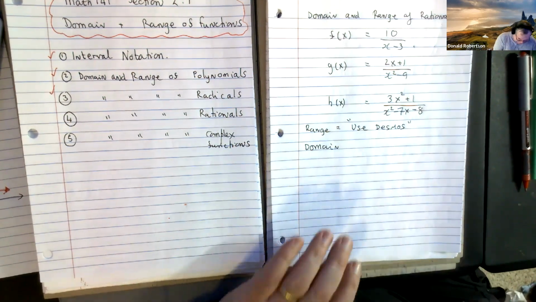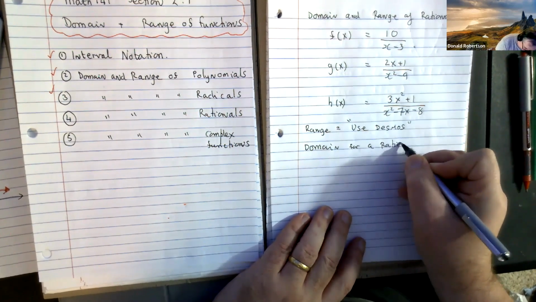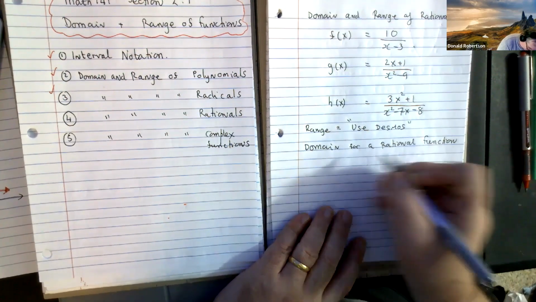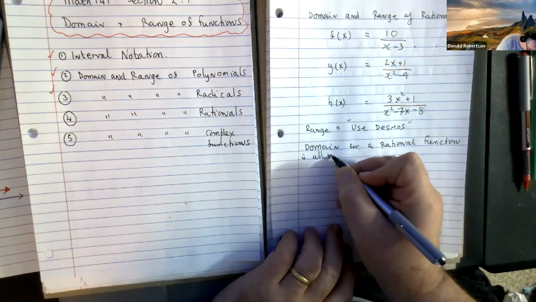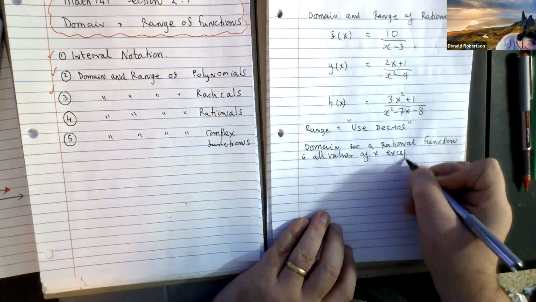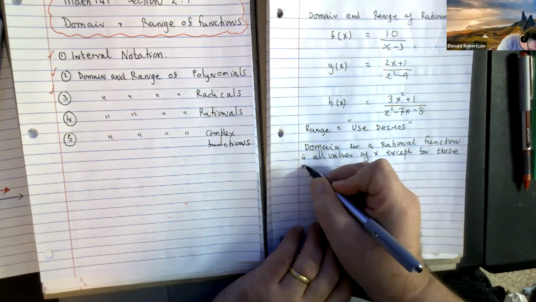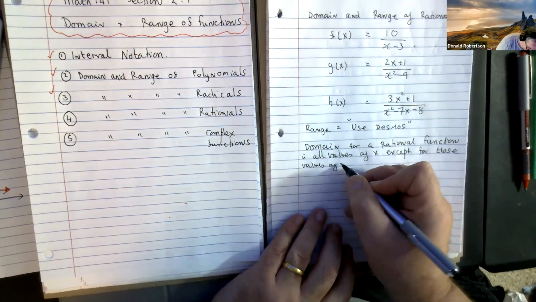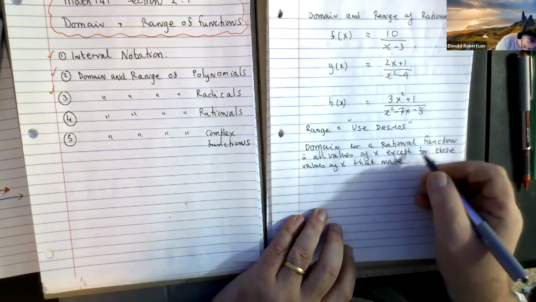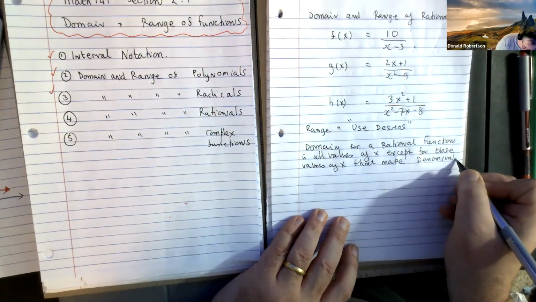The domain for a rational function is all values of x except for those values of x that make the bottom, which we call the denominator, 0.